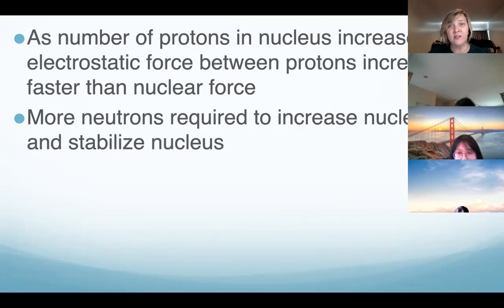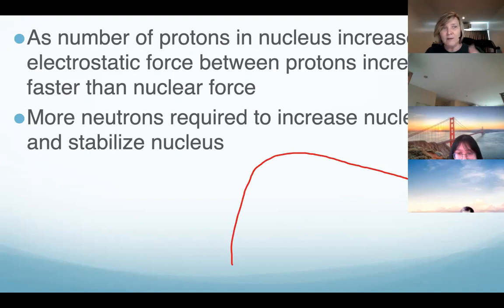As the number of protons in the nucleus increases, the electrostatic force between protons will increase faster than the nuclear force. It goes along with that same graph that we saw before, which was like you had this really stable and then it starts coming down again.